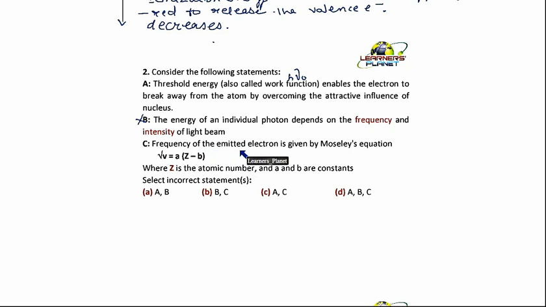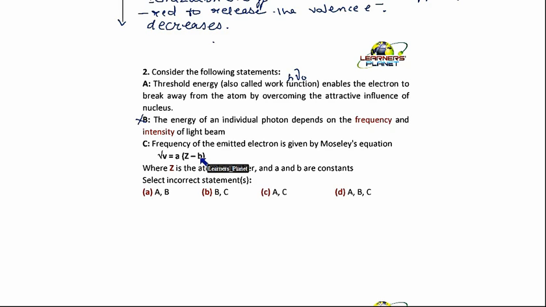Now our next question is: the frequency of the emitted rays is given by Moseley's equation, that is, nu is equal to A into Z minus B. What is A here? A is a constant which depends on the nature of the atom or the nature of the metal.